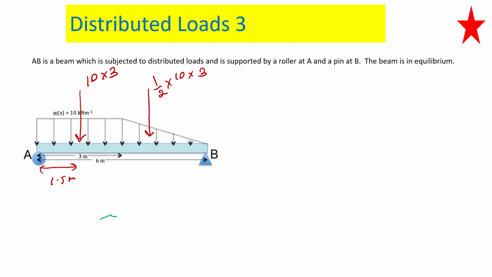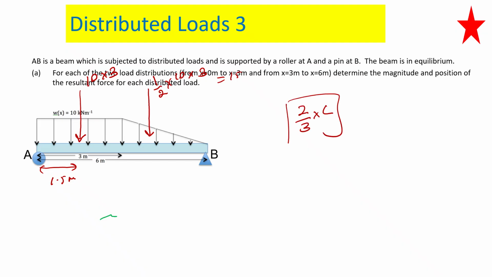So that will be 15 and acting at 2/3 of L. Okay, so L is this distance here, 2 meters from the tip. From here it is from the tip all the time. This 2/3 will be from the tip, so this will be your 2 meters. Make sense? And if you consider the length from here, that will be 4 meters.